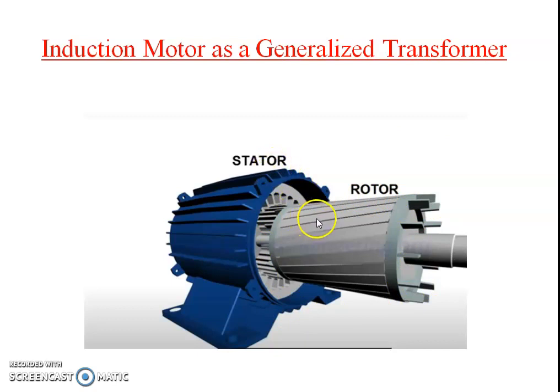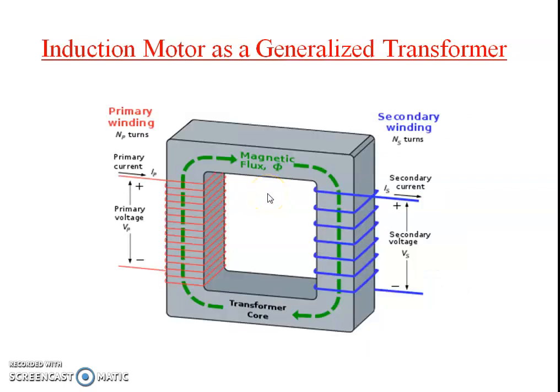So as we compare the induction motor as well as the transformer, both devices work on a similar principle, that is Faraday's law of electromagnetic induction. For the transformer, according to Faraday's law, whatever flux is produced by the primary winding circulates towards the secondary winding.